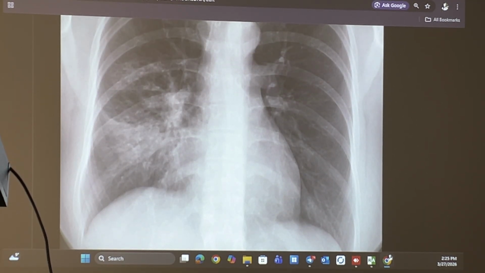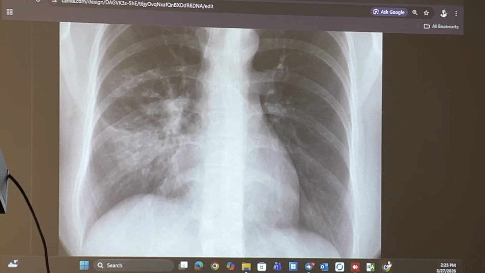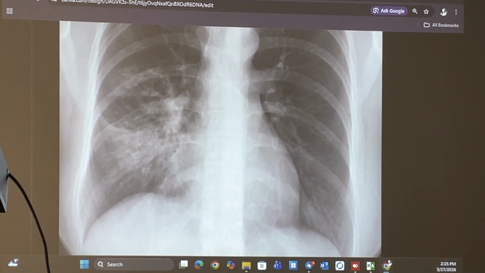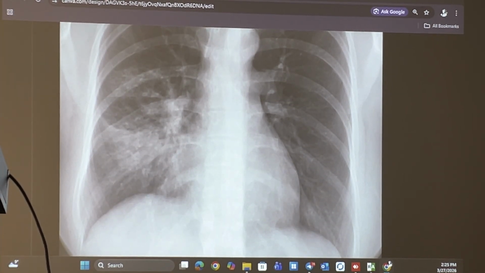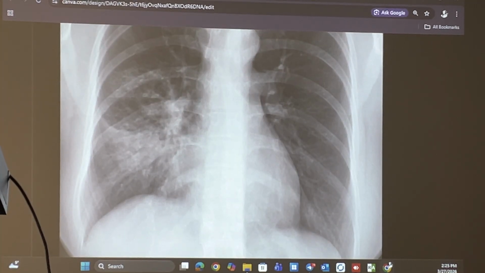Which side? On the right side. Consolidation or lucency? Consolidation.